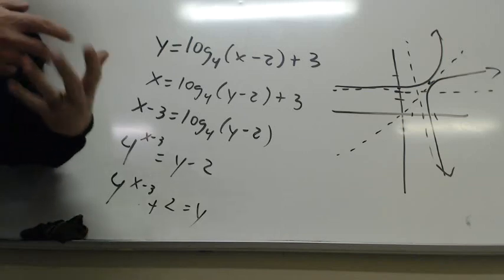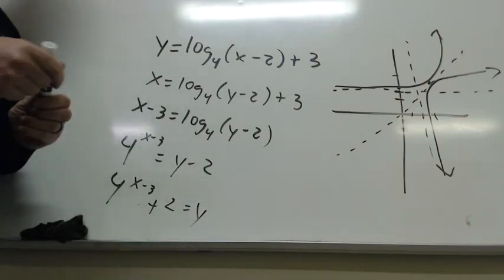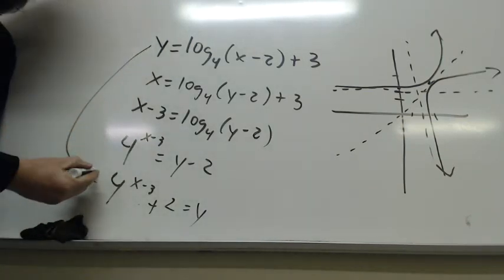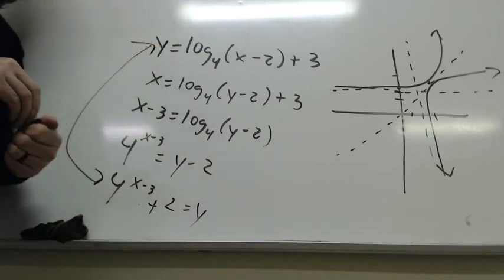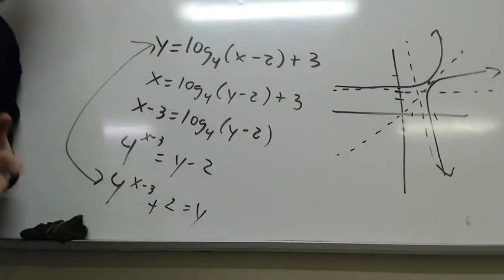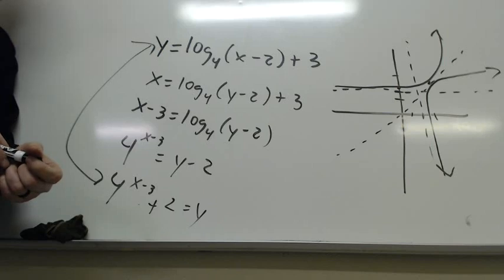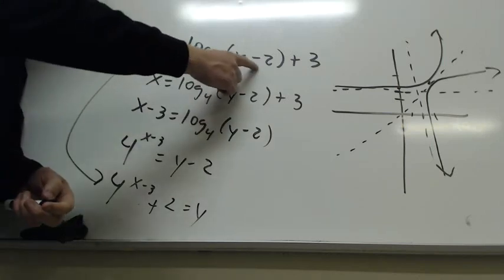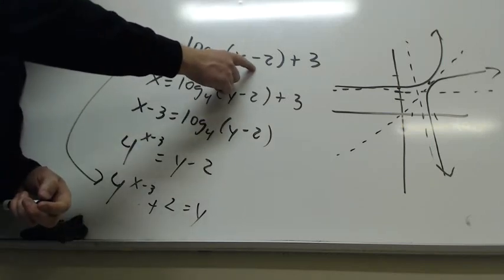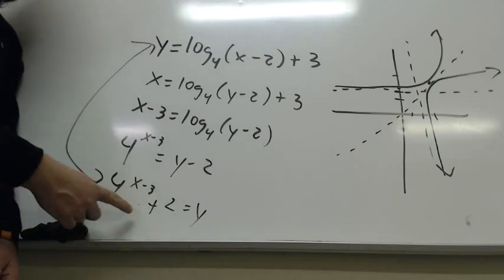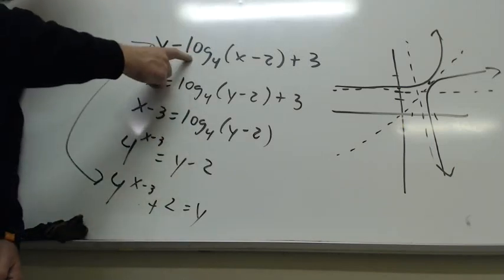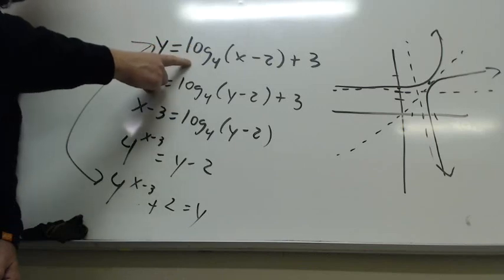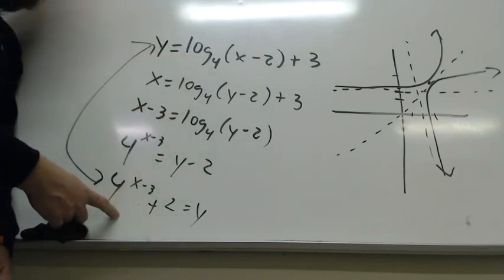So basically, what happened from this graph to this one is the domain and the range totally flipped, okay? Here, the domain is x has to be greater than 2, right? Here, the range is y has to be greater than 2. Here, the range was all real numbers. Here, the domain is all real numbers, okay?